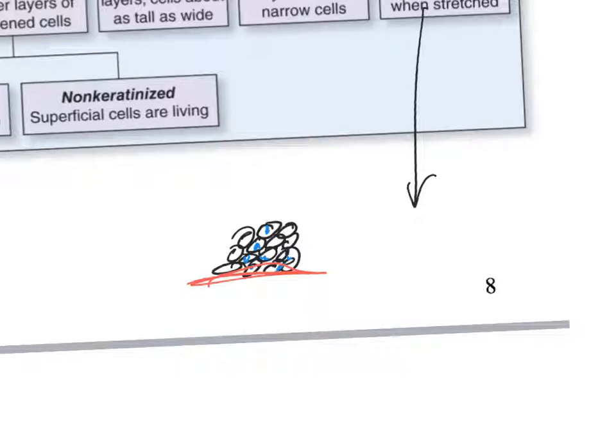Okay? In this case, we're going to transition to cells that look like this. So in that second state, it looks like a simple epithelium, a simple squamous epithelium, right? But then it goes back and forth, all right?